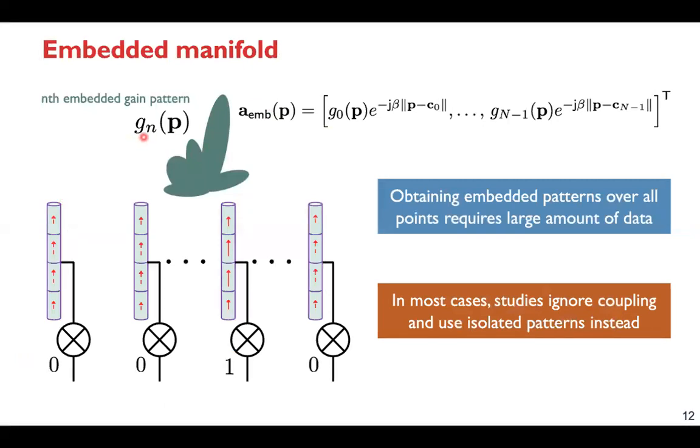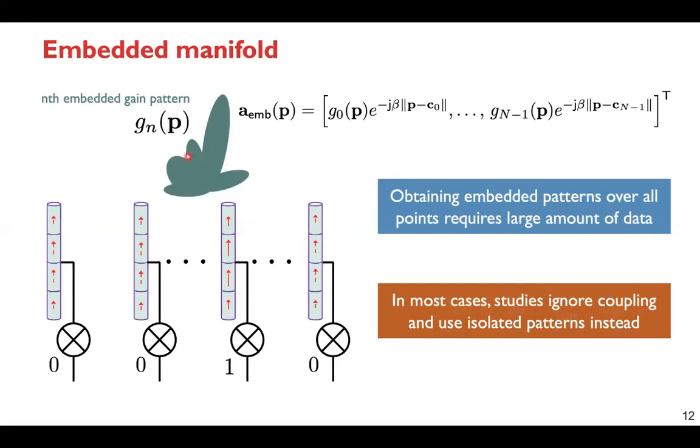So if we call G of n the embedded pattern of the nth antenna, right, that is when the nth antenna in the array is excited, we could form an embedded steering vector that incorporates those gain patterns, right, and those phase differences. And by combining those appropriately, we could obtain the radiated field at any point in space.